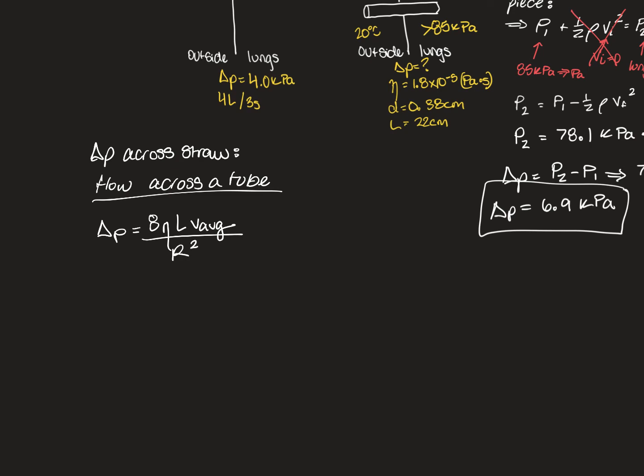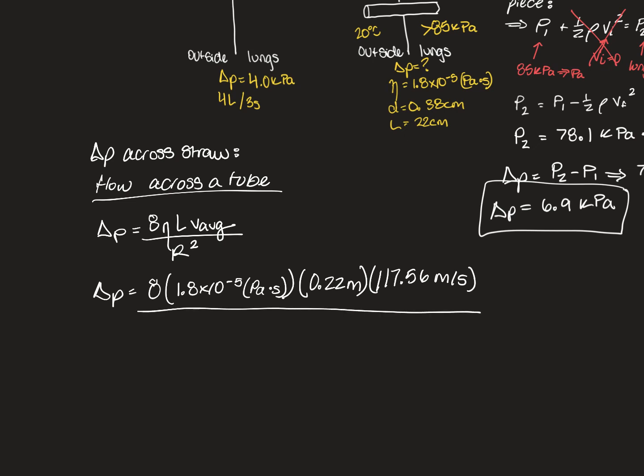Well, we have all of this information, right? Delta P is equal to 8 times whatever that letter is, which we found out was 1.8 times 10 to the negative 5th pascal seconds. That's in the original problem. Times the length of the tube, which is 22 centimeters, but we need it in meters, so 0.22 meters, times the average velocity, which is 117.56 meters per second.